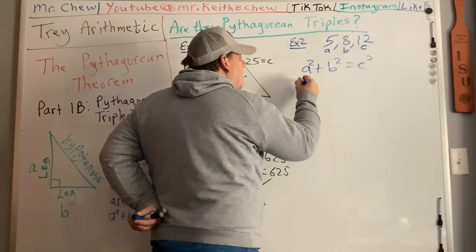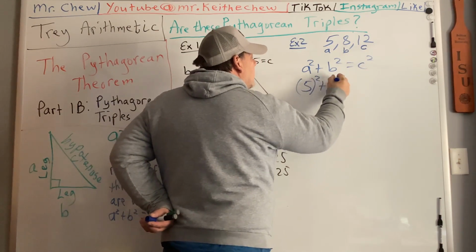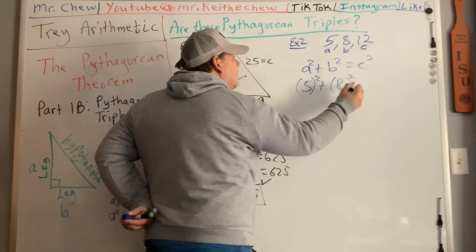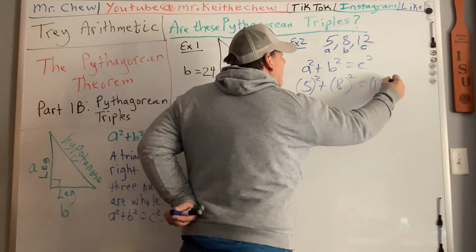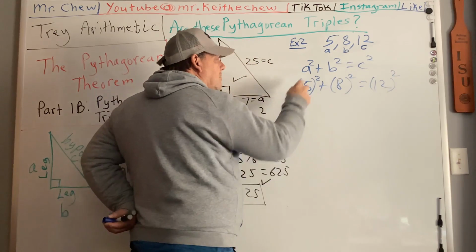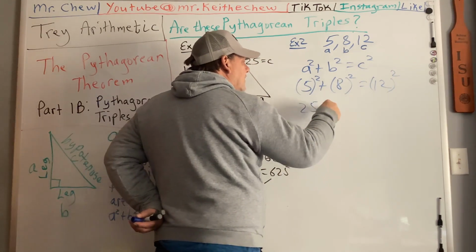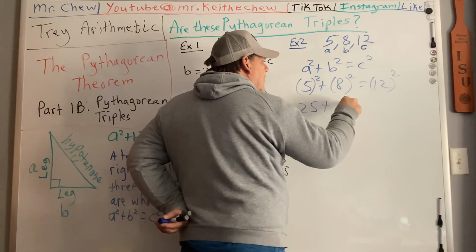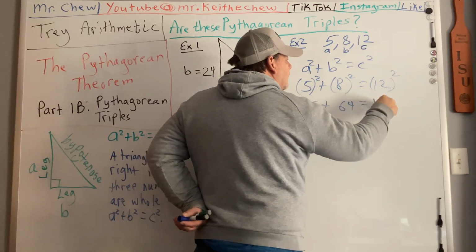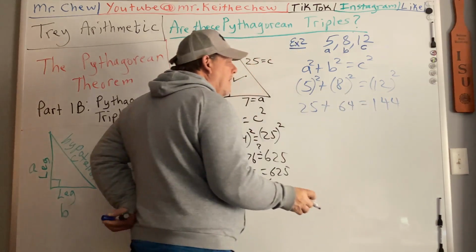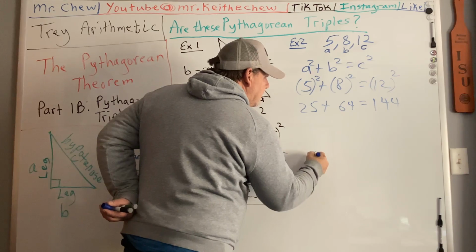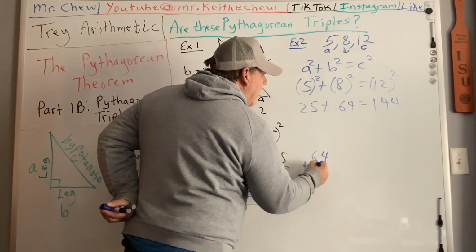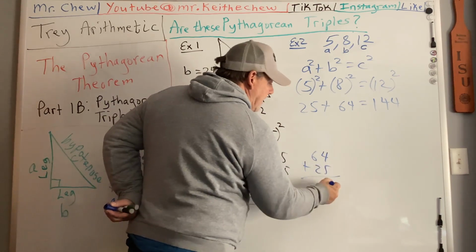So I have 5 squared plus 8 squared equals 12 squared. 5 squared is 25. 8 squared is 64. 12 squared equals 144. Now I have to take the 64 and my 25 and add them together.